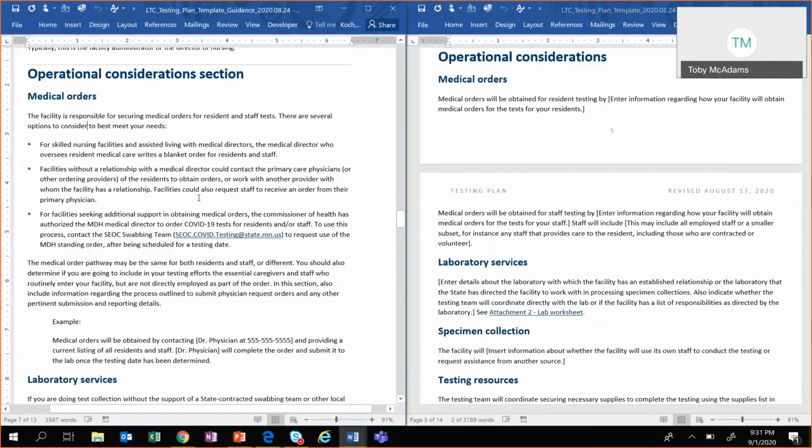Another example is that some facilities have partnered with their local public health, and they have that relationship. The key point here being that every community is different. And so I can't tell you all of the different resources at the community level. Everyone is so unique, and it changes. It's so fluid.